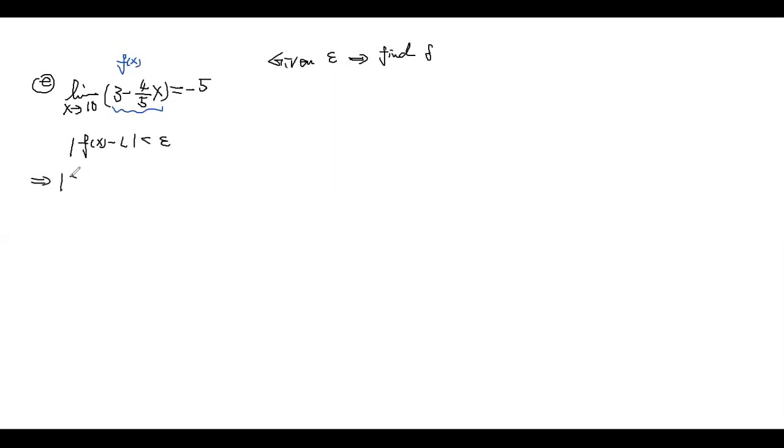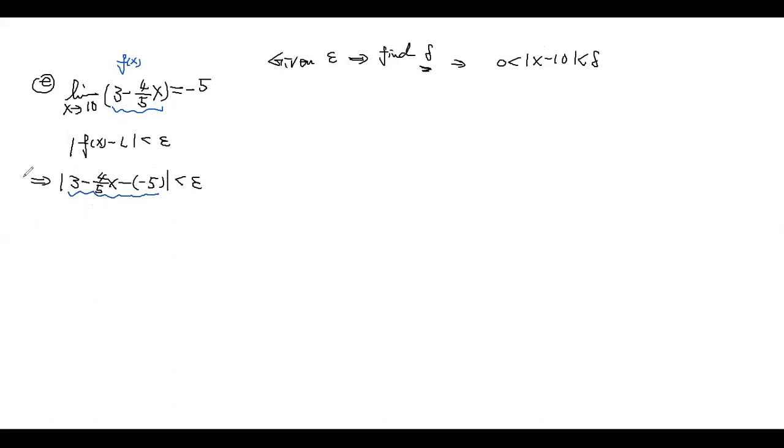So now let's see here. This is 3 minus 4 over 5 of x, and the limit they tell us is -5. So it's minus -5, less than epsilon, right? We always start by manipulating this expression, and hopefully we can find the delta, such that 0 less than the absolute value of x minus 10 is less than delta, because x approaches 10.